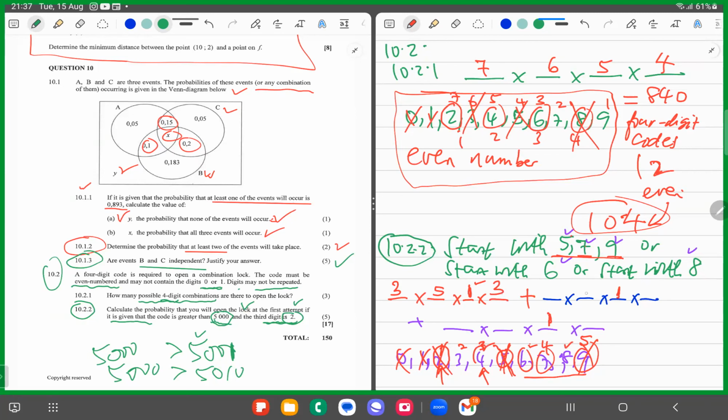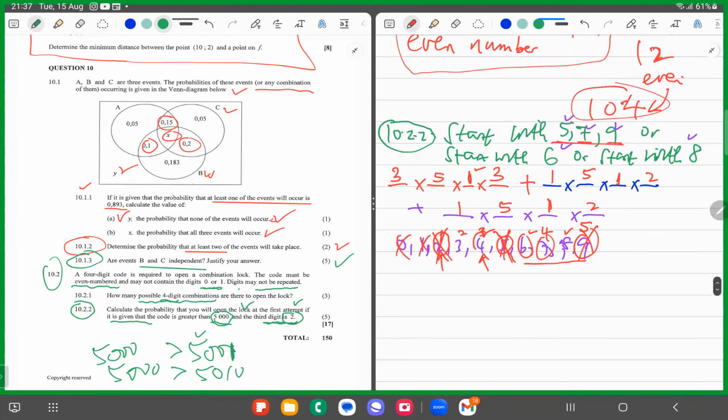In the same breath, you're going to have one choice here, and by the same reasoning 1, 5, 1, 2. Then you continue to multiply this. I'm going to put this in a block. What is the answer?